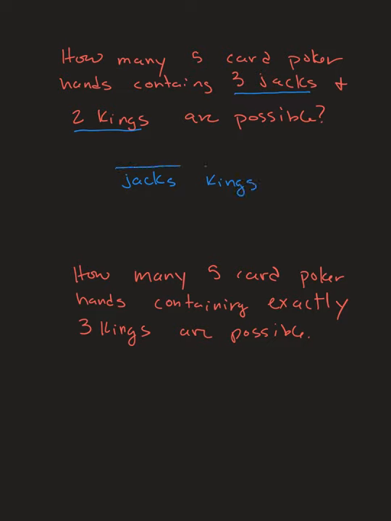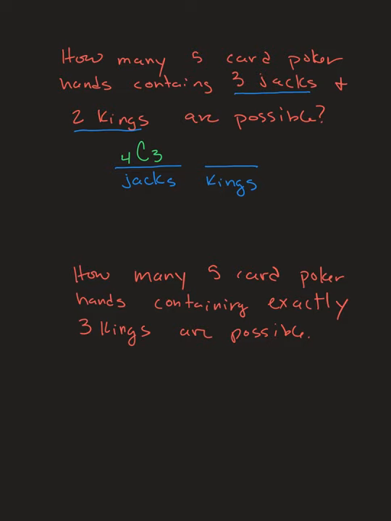For this first part, I only get to pick from the jacks. So my big group is jacks. How many jacks are there in a deck? There's 4 jacks, and we're picking 3. So this one is going to be 4C3, because my big group is 4 jacks, and from those 4 jacks, I'm picking 3.